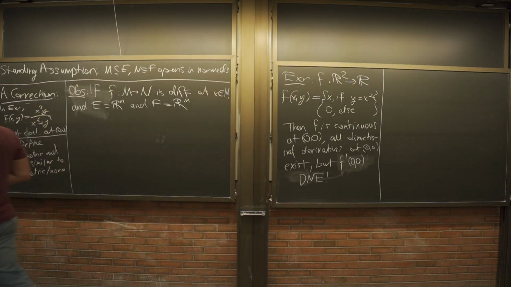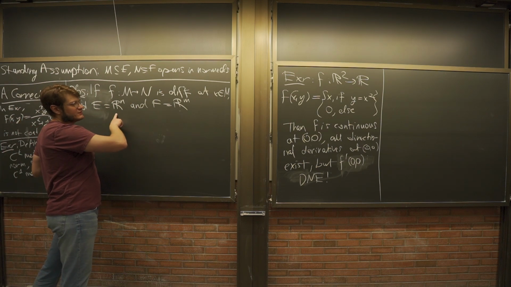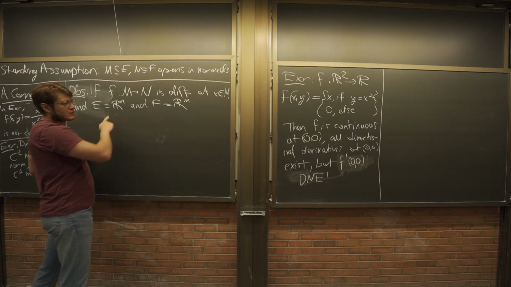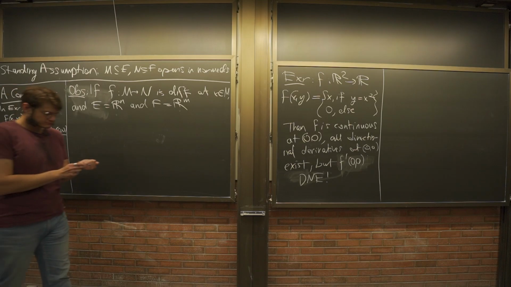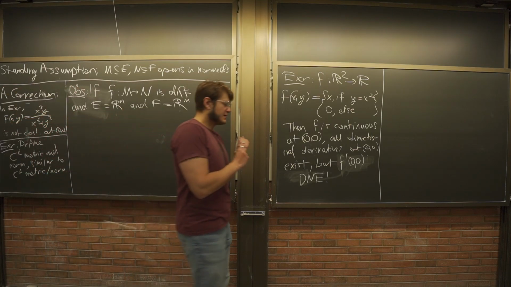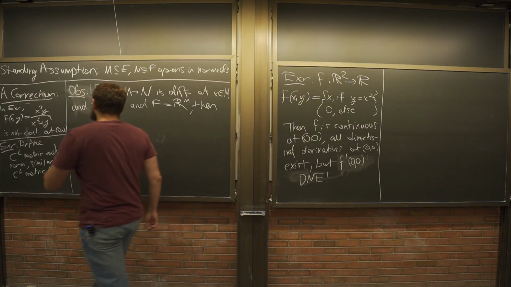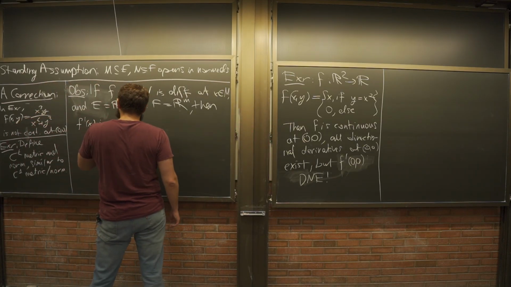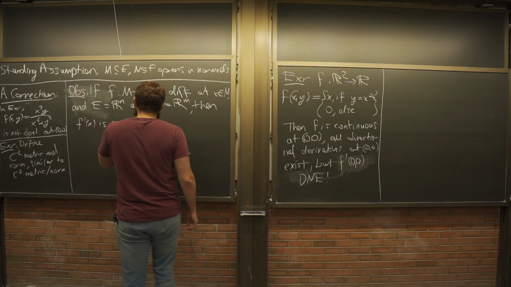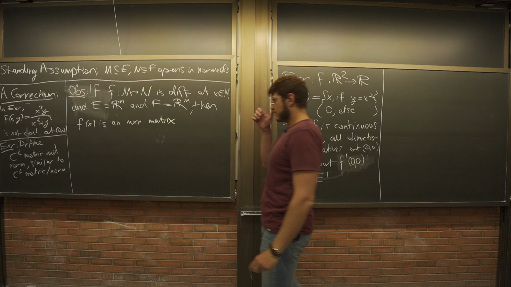We said yesterday that the derivative of f at x is supposed to be an m by n matrix. And I told you the indices are supposed to be the partials of all the components. How can we get this? So then f prime of x is an m by n matrix.